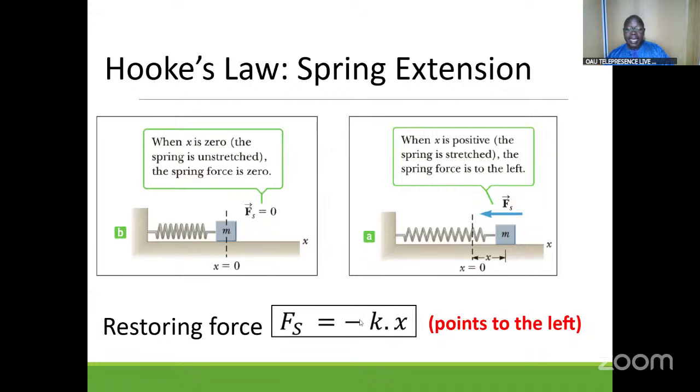The negative sign shows that the restoring force, which is proportional to extension, acts opposite to the direction in which the displacement occurs. So we take this expression, F equals minus the spring constant k times the displacement. That is the statement of Hooke's law.